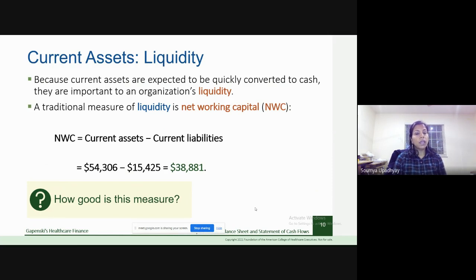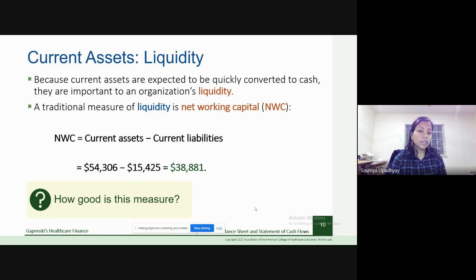And now there is a good measure of liquidity, and that's called net working capital. Again, focus on the name itself. Net working capital is capital that you can work with, right? It is liquid, it is there for you, and you can work with it. So net working capital is the difference of your assets minus liabilities.